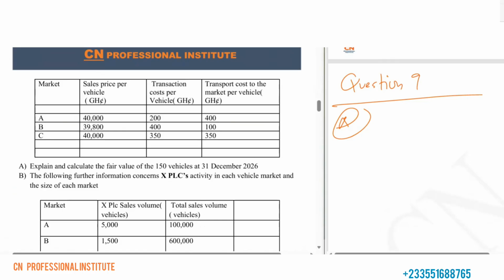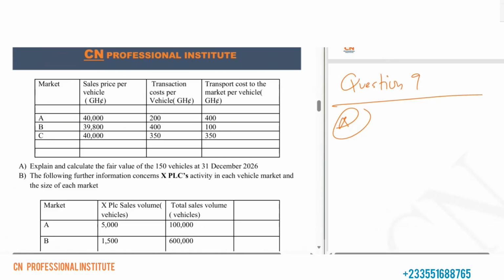Now, the first thing we can say is that fair value is an exit price in the principal market. And we know that we always determine fair value using the principal market. It is when there's no principal market that we go to what? The most advantageous market. What is the principal market? The principal market is the market with the greatest level or volume of activity for the asset or the liability.